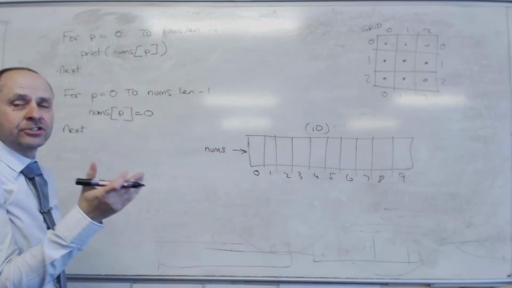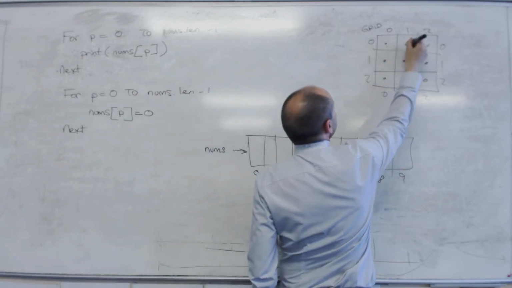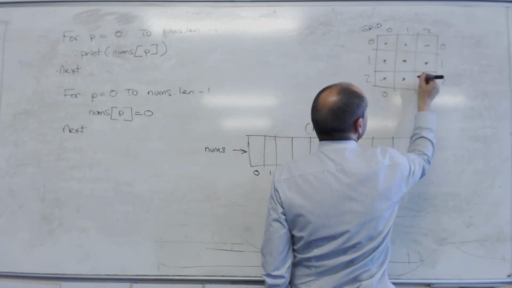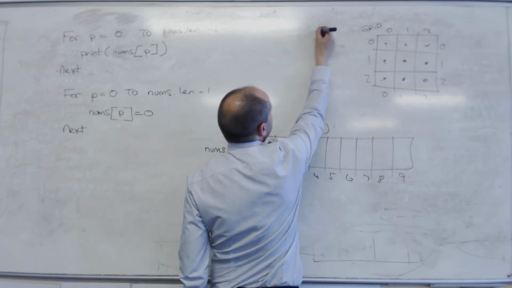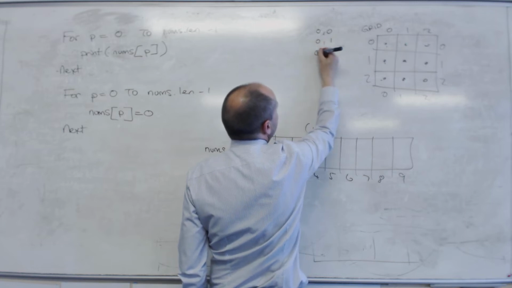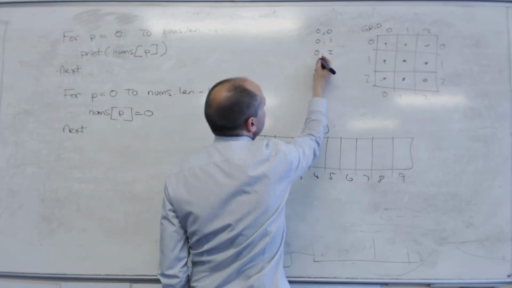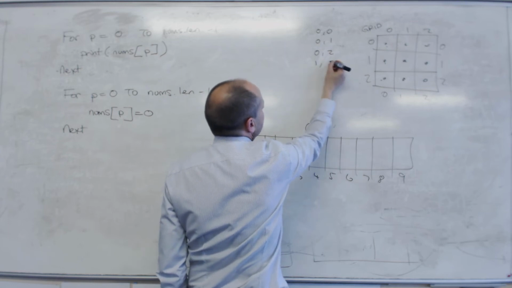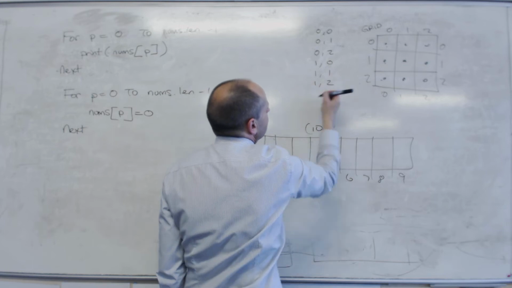Now, if you're really stuck as to how to do this, what you should do is write down the two indexes. So the order I need to visit these is 0, 0, 0, 1, 0, 2, assuming the row number comes first. Then we're going to look at row 1, column 0, row 1, column 1, row 1, column 2.